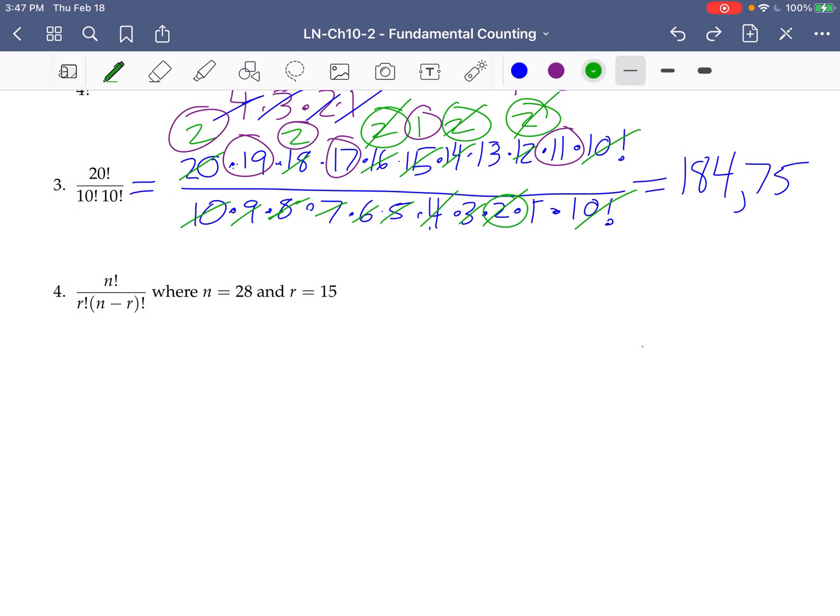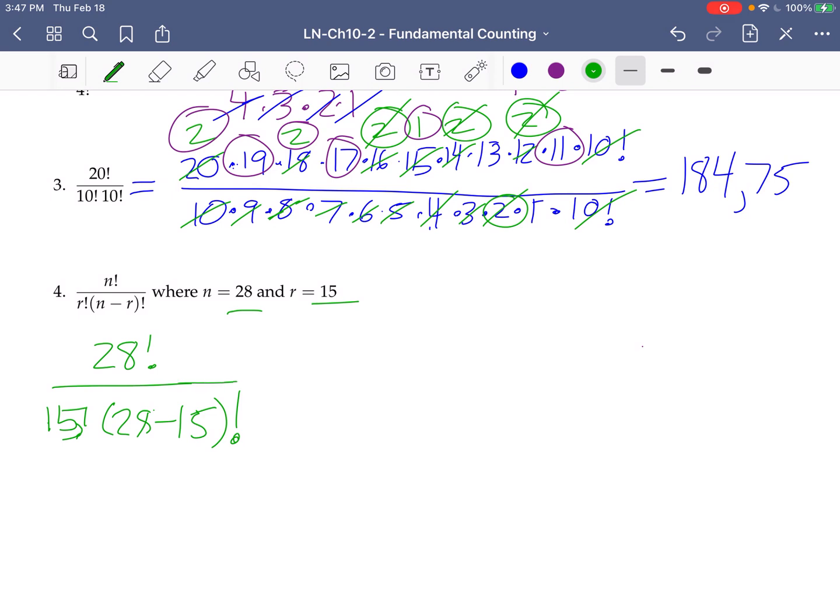We can also do something like this. n factorial divided by r factorial times n minus r factorial, where n is 28 and r is 15. So this problem is really just saying 28 factorial divided by 15 factorial times 28 minus 15 factorial.